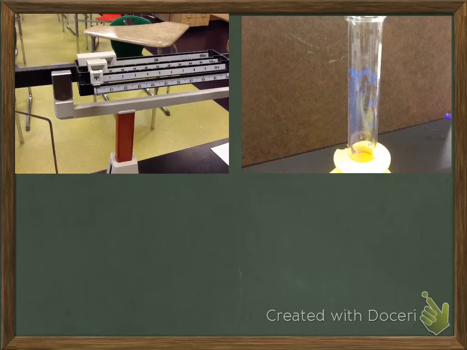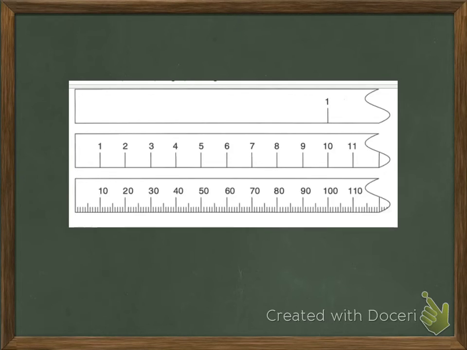So, if we look at an example of a ruler with 3 different sets of markings, you can see very clearly that one of these enables you to make a very vague sort of statement. If I'm measuring this object, I can only say, yeah, it's about a half of whatever these units are.